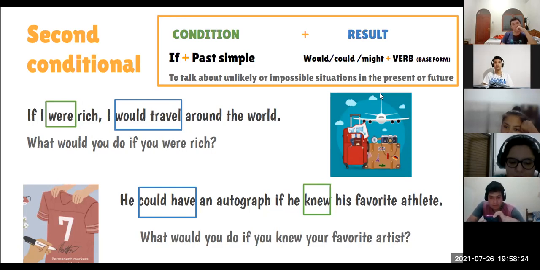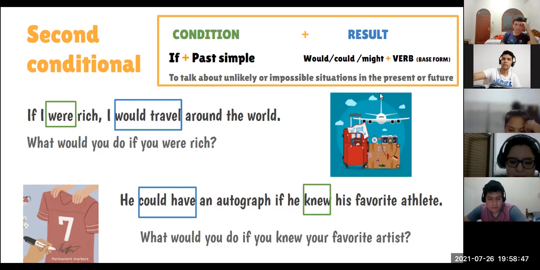Pero si usted quiere decir yo podría, por ejemplo, I could buy a car, yo podría comprar un auto, podría utilizar could. Y si no, puedo utilizar I would buy a car, yo compraría un auto, or I might buy a car. Tal vez compraría o conseguiría un auto.